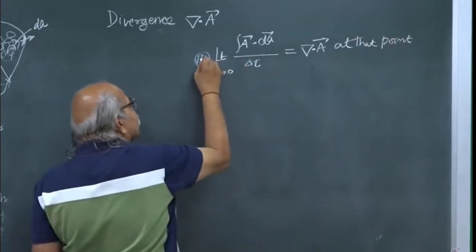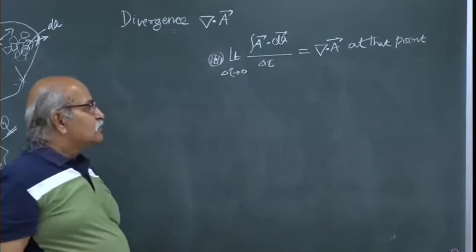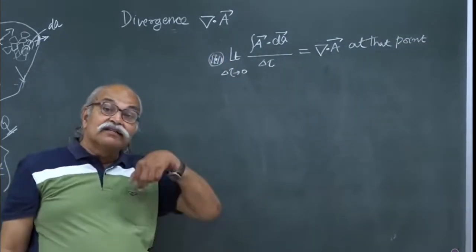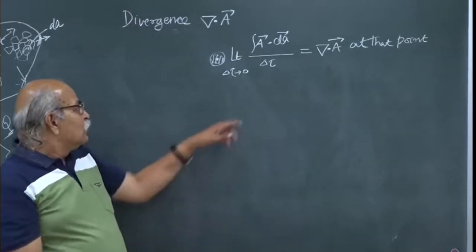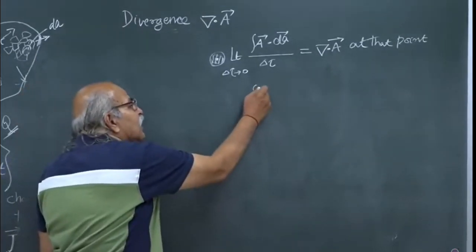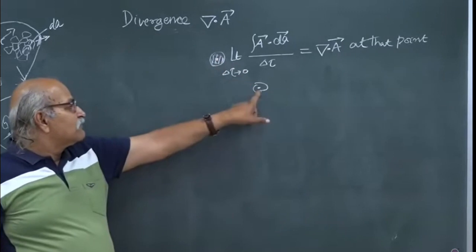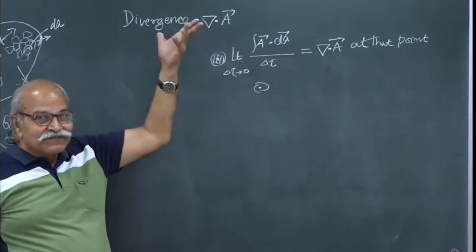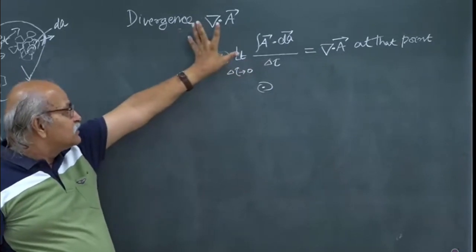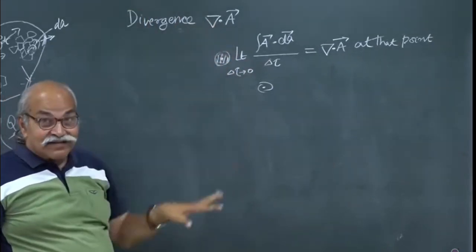At this particular point. So divergence of A can be different at different points. If I want the divergence at another point, I will construct a closed surface there, and this limit may be something different. That is how the divergence of A is defined.